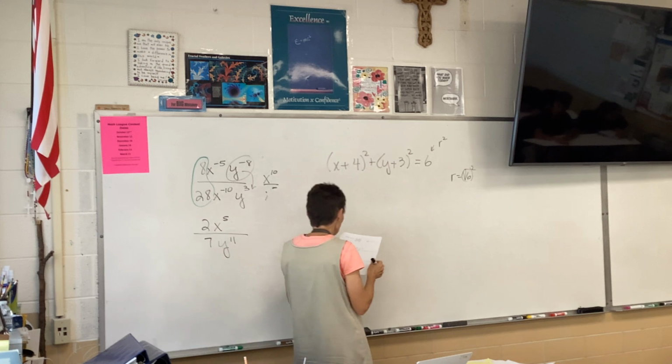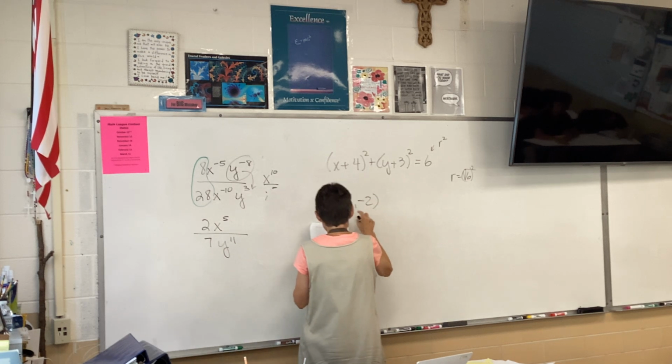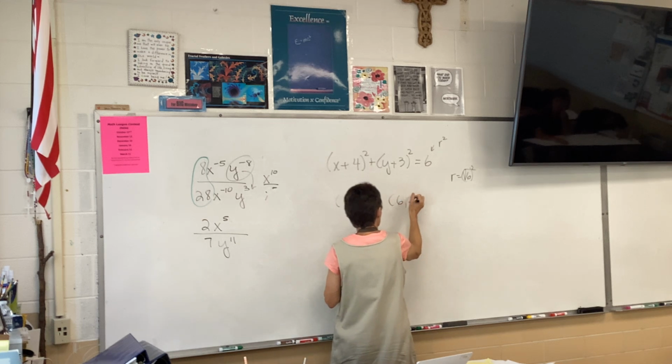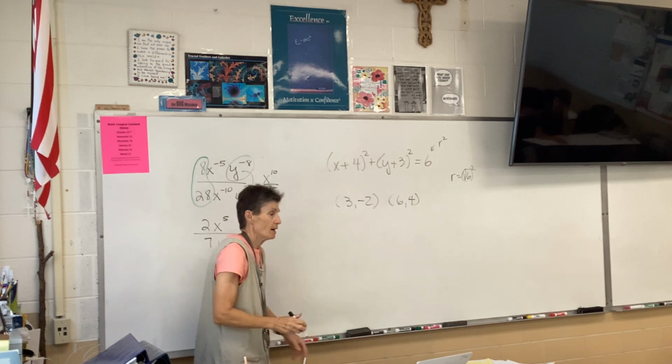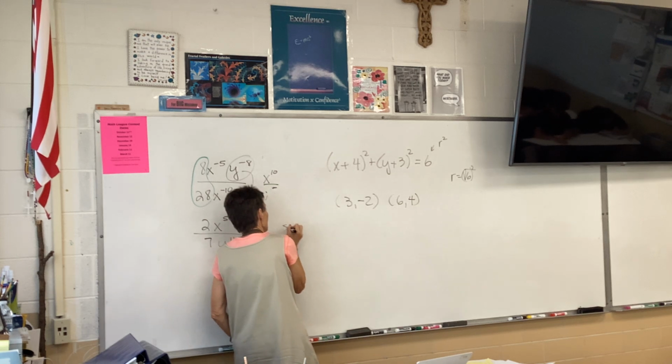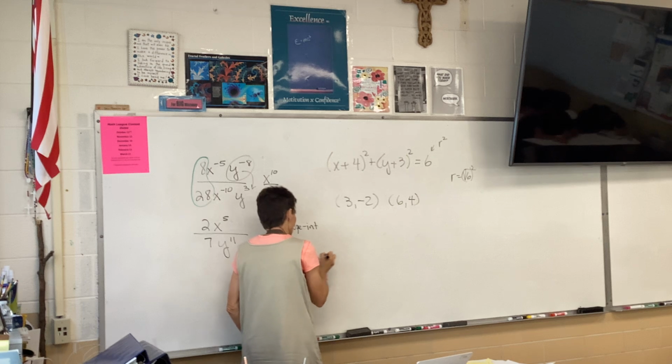All right, now we're going to do the line. So it contains this point and this point. Take a second, come up with a line. Come up with it in slope-intercept form and in point-slope form.